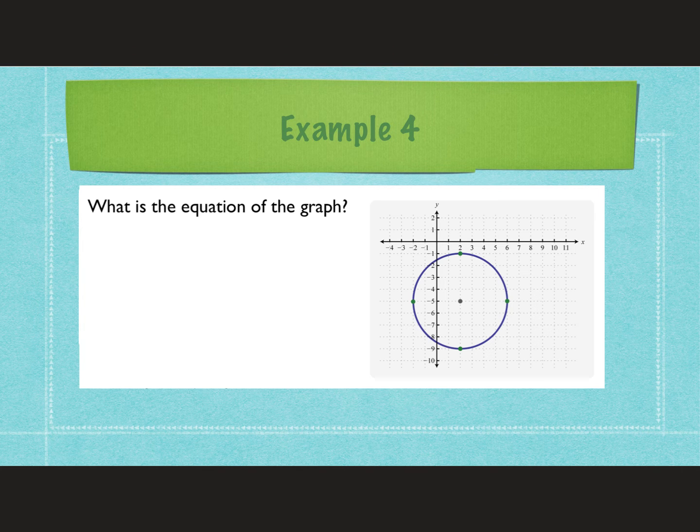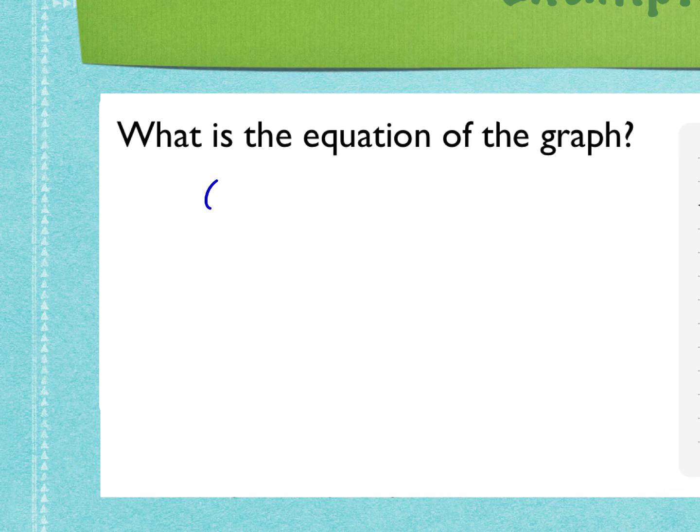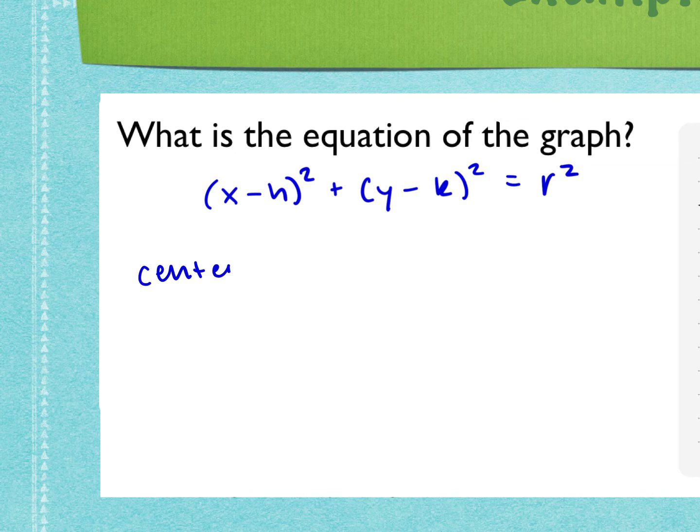So I'm going to write our standard form. It's (x - h)^2 + (y - k)^2 = r^2. So I need to figure out what my center is, because that's my h and k, and I need to figure out what my radius is and just plug that into r.